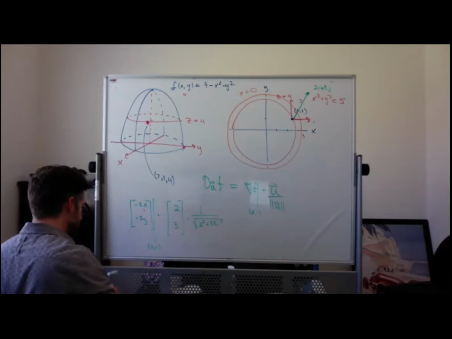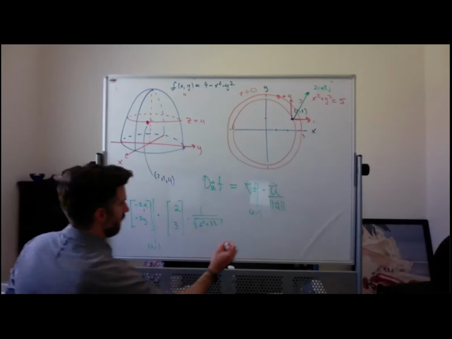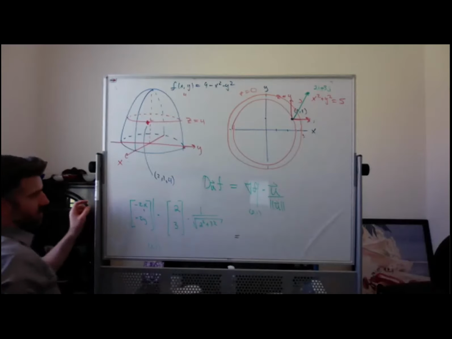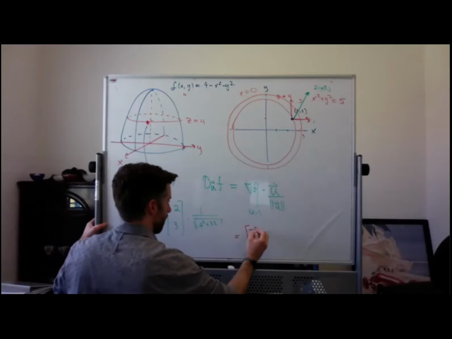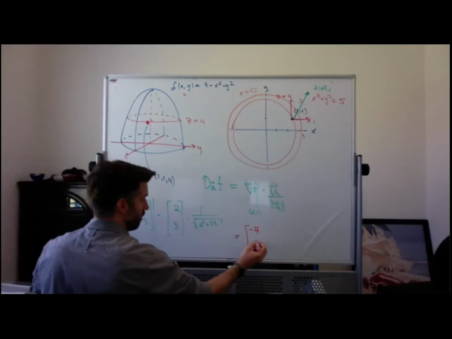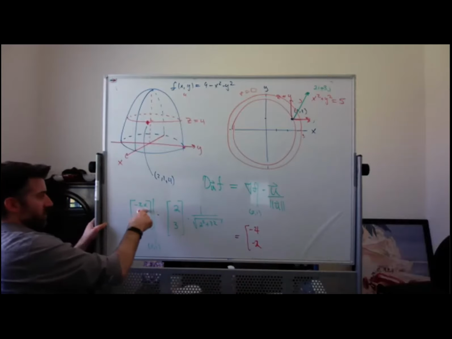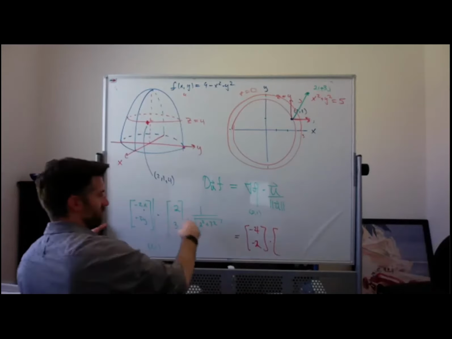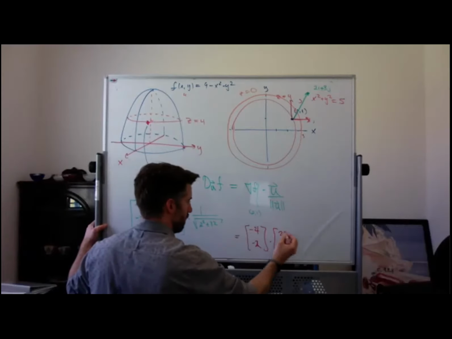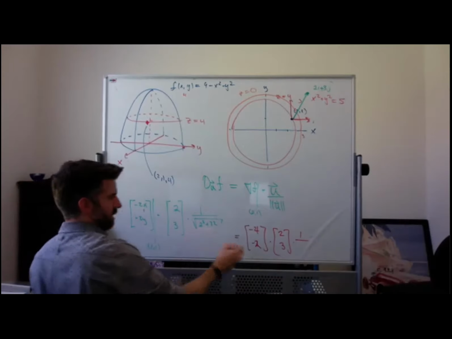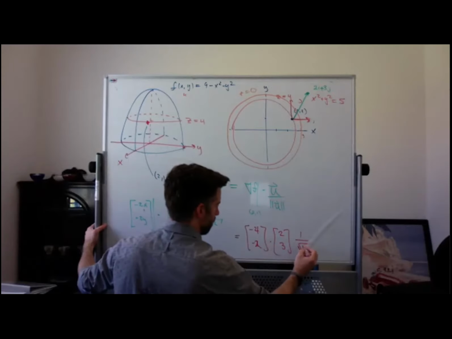So evaluating this, plugging in 2 for x and 1 for y, I get negative 4, negative 2, dotted with this vector here, which is (2, 3), divided by the scalar square root of 4 plus 9, the square root of 13.